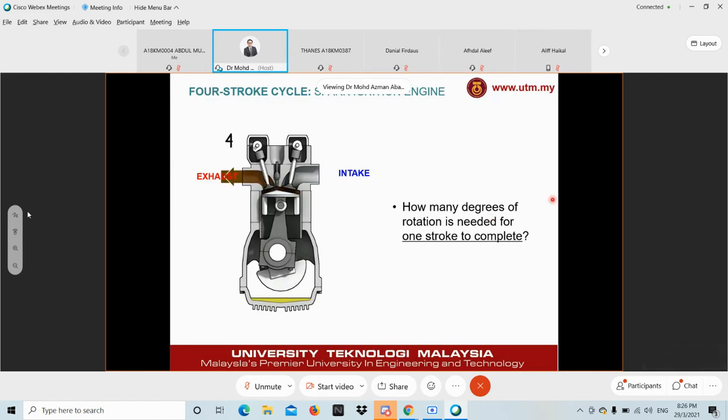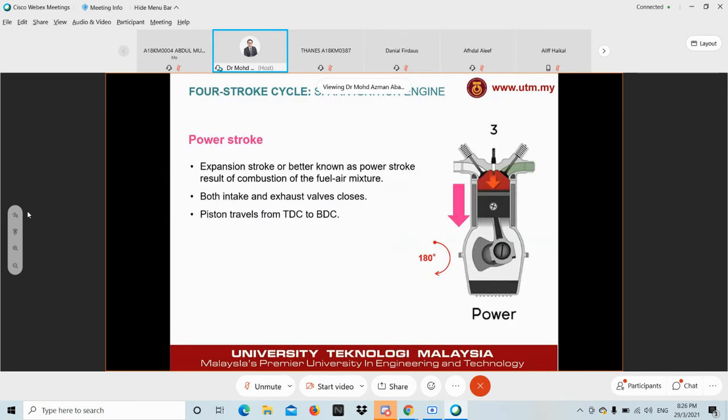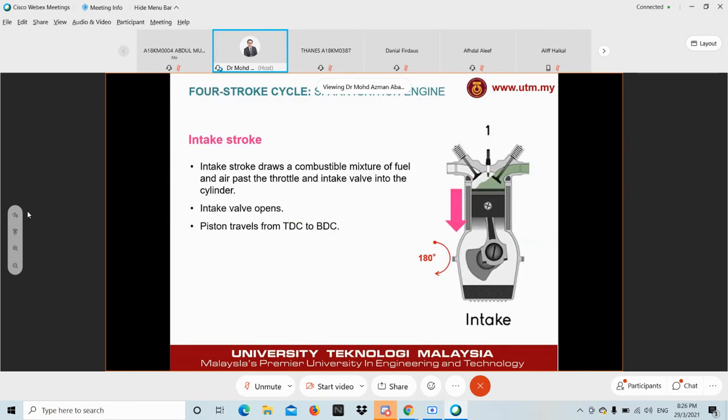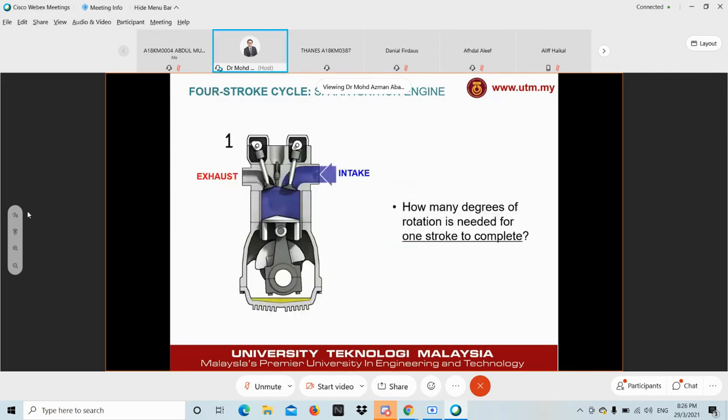So remember, this is 1 stroke, this is 1 stroke, this is 1 stroke, this is 1 stroke. So 1 stroke is always 180 degrees. Okay, clear? Yes, doctor. Okay. I just want to make sure that you understand.